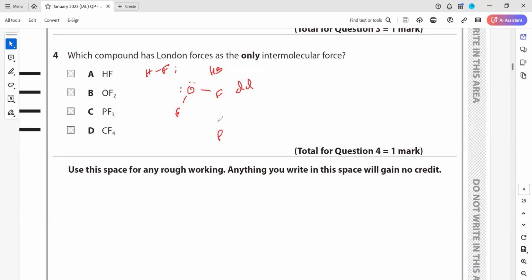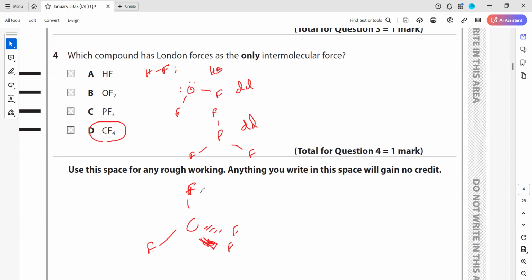PF3: the bond dipoles are not able to cancel out and the bonds will be polar, so this will have dipole force and dipole induced dipole. But in CF4, carbon tetrafluoride, they all cancel out the effect of each other.